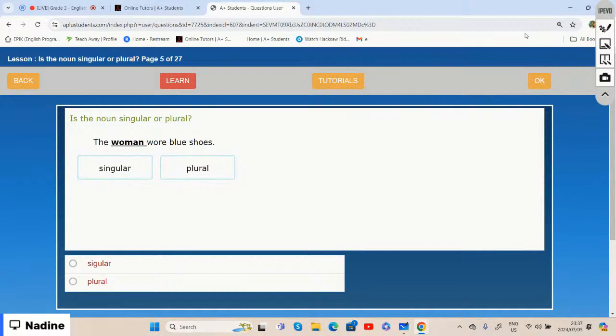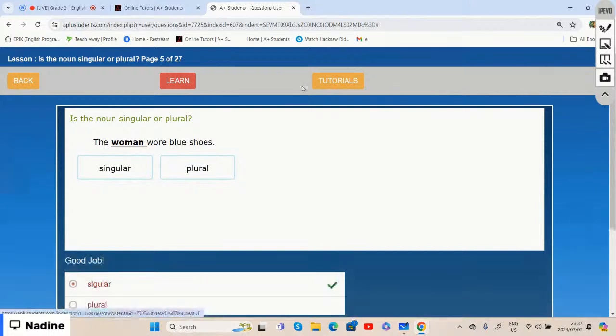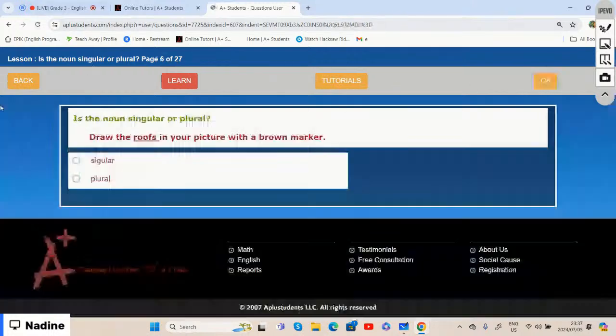Woman, we refer to one woman who wore blue shoes. So yes, it would be singular. So well done. Singular is correct.